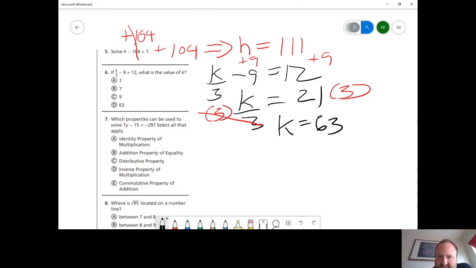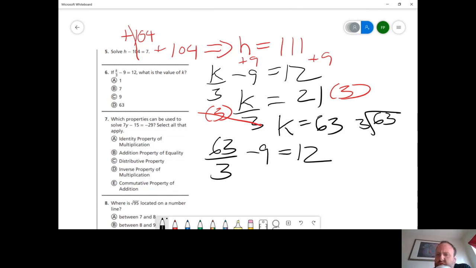And then let's check it. 63 over 3 minus 9 equals 12. How many times does 3 go into 63? 3 times 21 is 63, so 63 divided by 3 is 21.